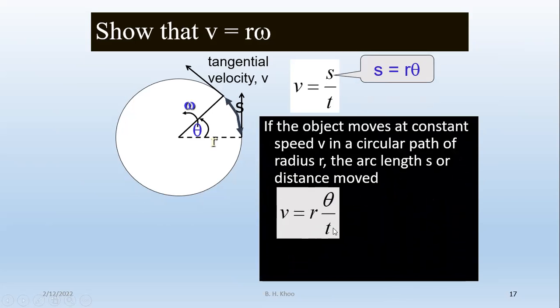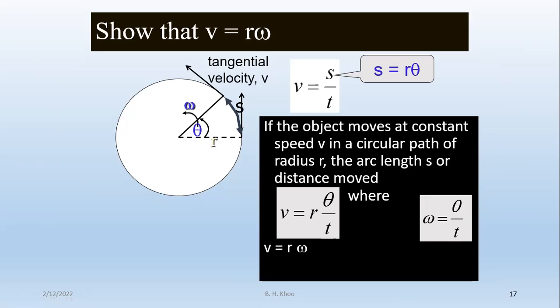Theta is the one changing, time t is the one changing. Differentiate this one, you will get the same equation, but you get d theta dt. And then theta over t, we have defined it as your omega. And we get our relationship: v equals to r omega.